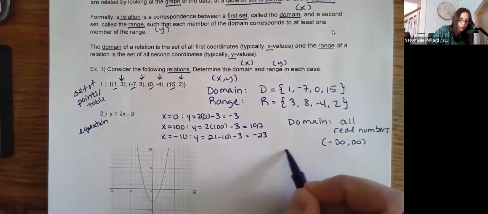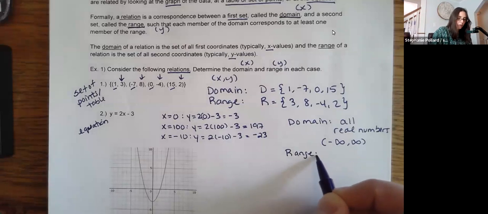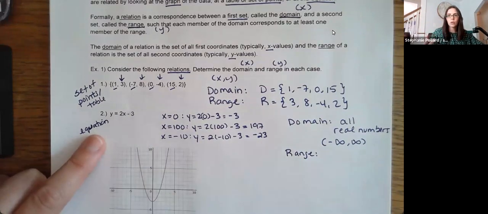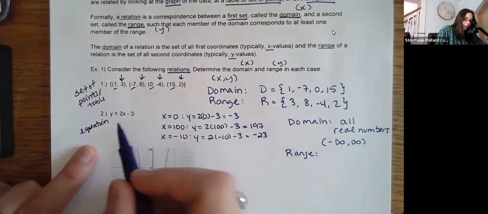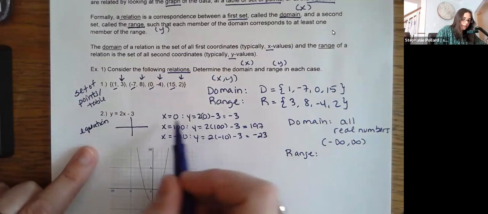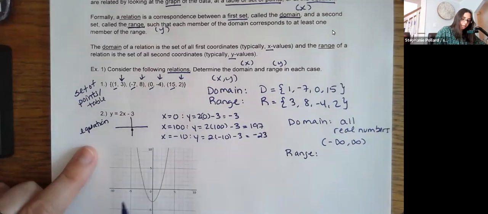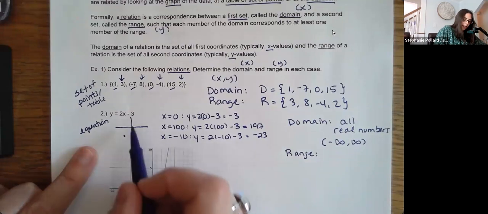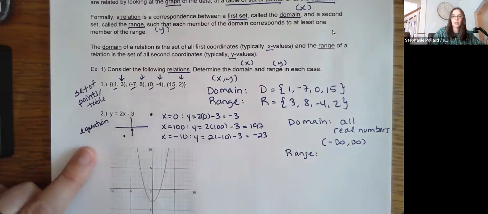Now, if you think about your range here, and sometimes a graph helps, right? If I look at this equation, it's just linear, right? There's no squares, there's no cubes, there's nothing weird going on here. So if I think about our points, I'm at 0, -3, which is about right here, -10, -23, again, maybe about right here, 100, 197, maybe about right here. I'm just estimating.